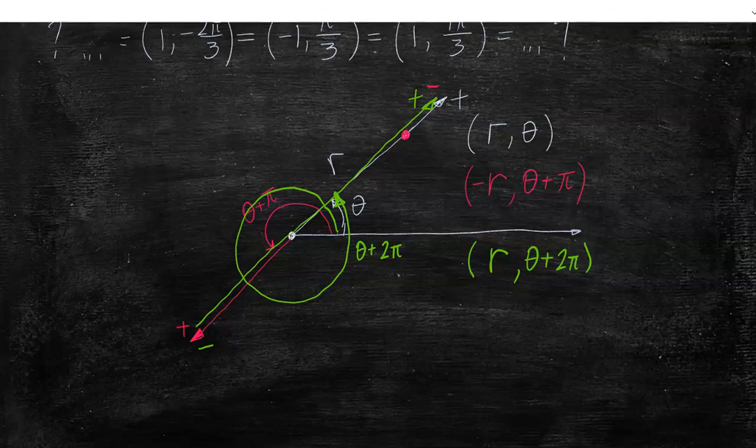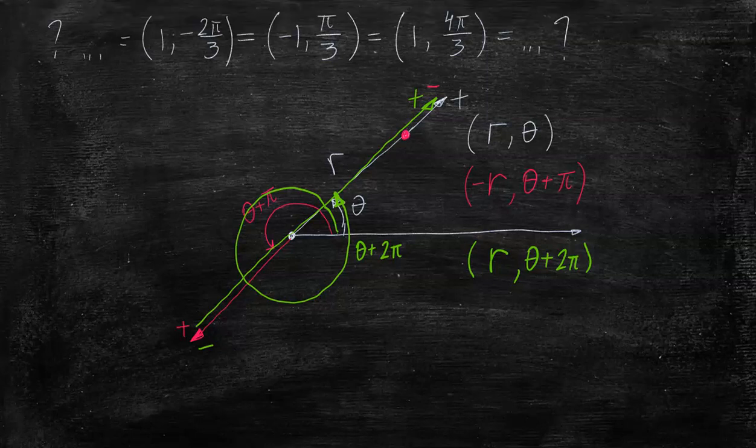So what's the rule? Can we see the pattern here? The pattern is actually pretty straightforward. If you have a point r, theta, you can add or subtract an even number of pi, so 2 pi, 6 pi, 4 pi, to theta. That's just you adding an extra spin, and nothing happens to r. r remains r.